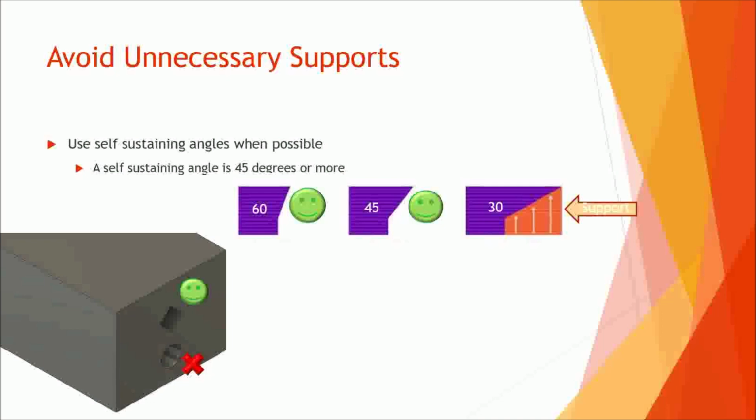So you see 60 degrees isn't too bad. Pretty much any printer can handle that. 45 degrees, it gets steeper, but still within the capabilities of pretty much all FDM printers. And then once we get past 45 and get to 30, it gets pretty steep and you need support material.